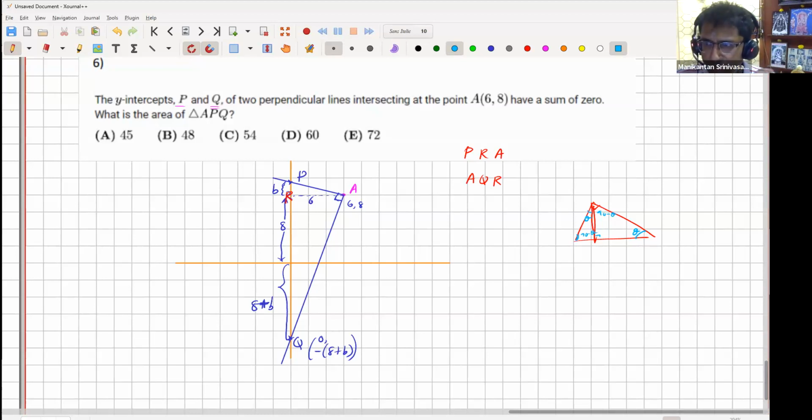Okay, so now we can use the ratio of side lengths. In the triangle PRA, let's say the smallest side is B. Just visually I can see, right? B upon 6, the smallest upon the medium.